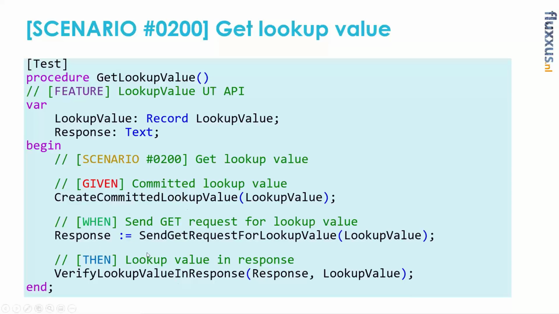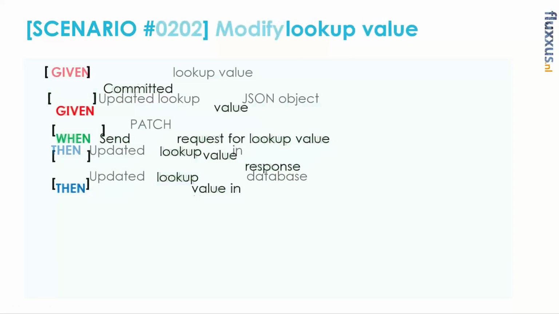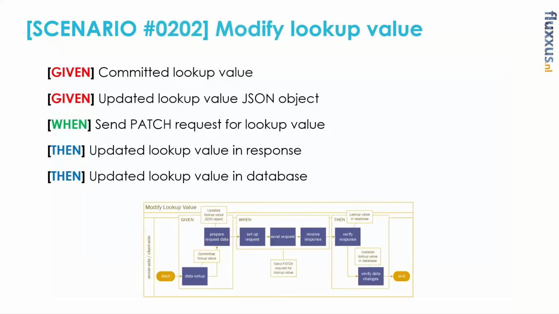You see 3 lines of code. You will see that altogether this test is not more than 12 lines of code or whatever. So this is one test. Then the other one, the modify, that's a little bit more, because I need to have a committed lookup value on the server side, but I need to prepare my JSON object to send this patch call. I do know what record I'm going to call upon, but I'm going to patch it in such a way that the description is going to be changed.